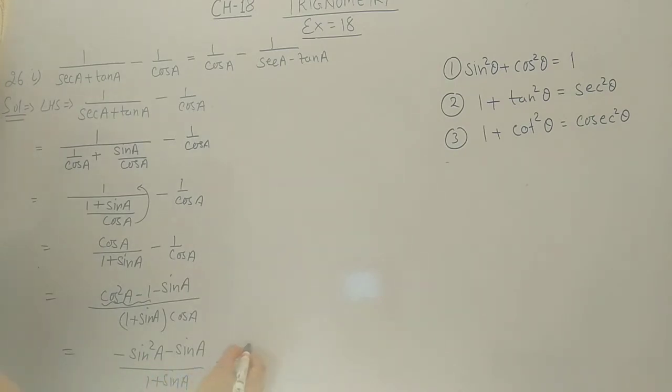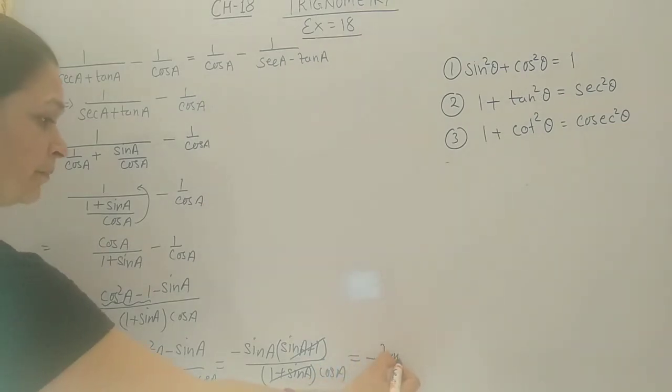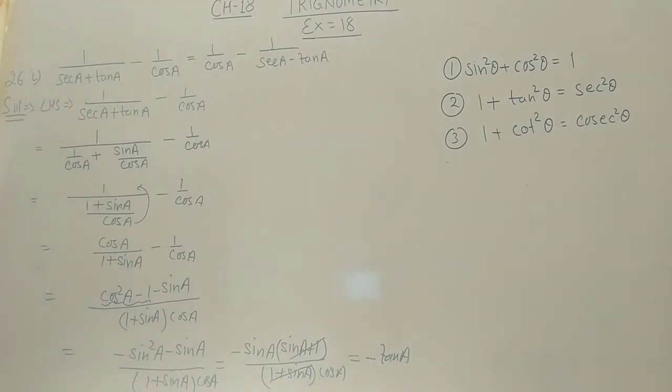In the bracket we will get sin A plus 1, and the denominator we have 1 plus sin A and cos A also. So this bracket will cancel out, and then we will get minus tan A. So this is our left side.